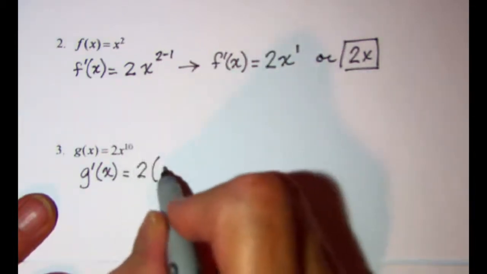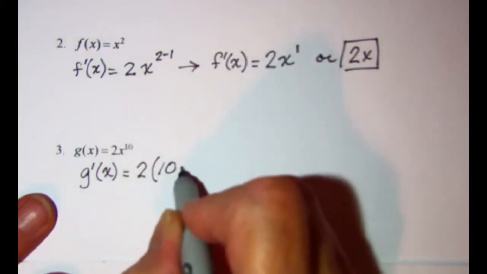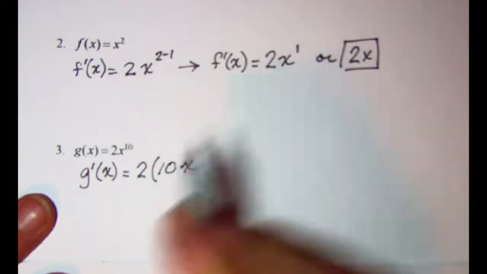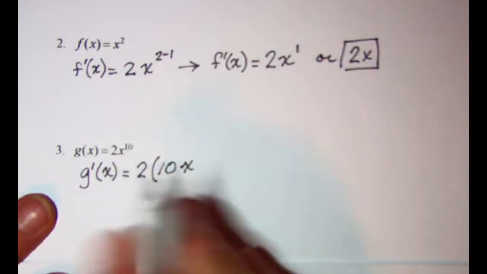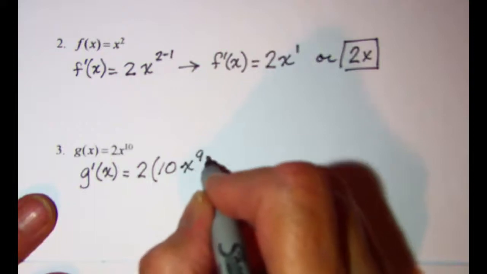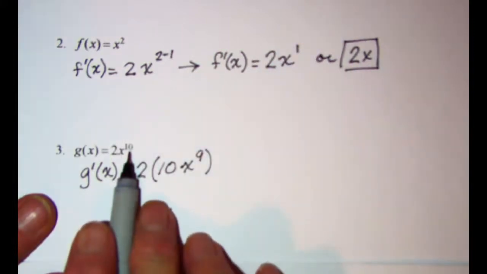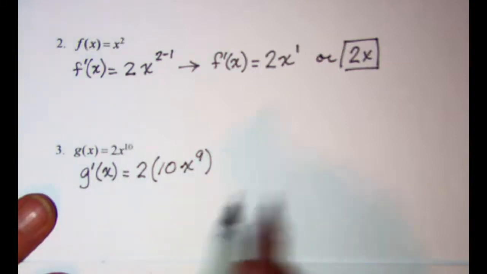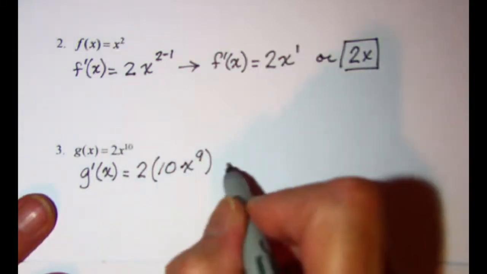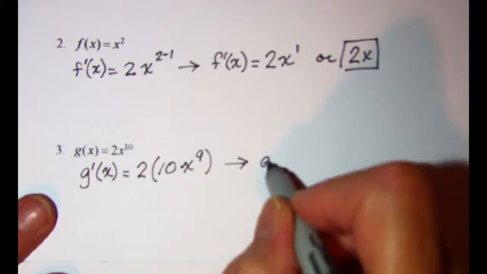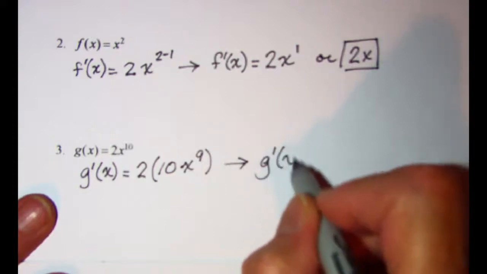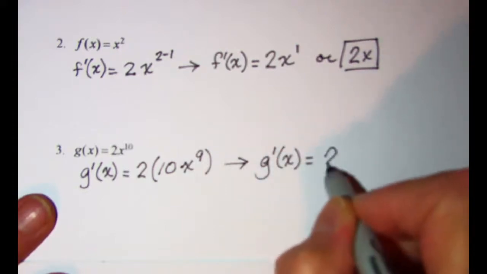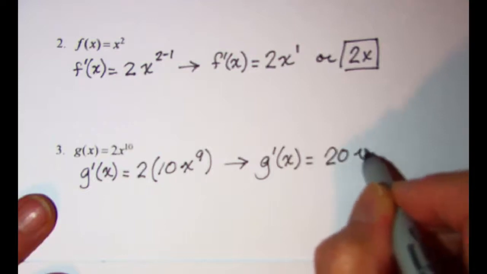I'll bring the 10 out in front as the coefficient, and now my x is raised to the 9th power. Remember, you just decrease the exponent by 1, and that's the new exponent. So doing the math here, we see that the derivative of the g function is 20 multiplied by x to the 9th.